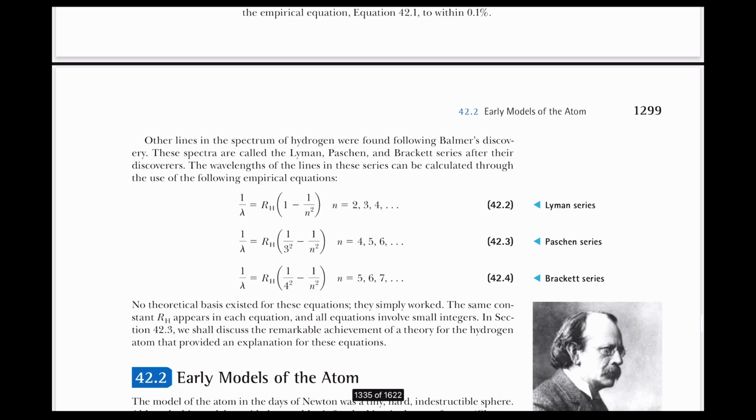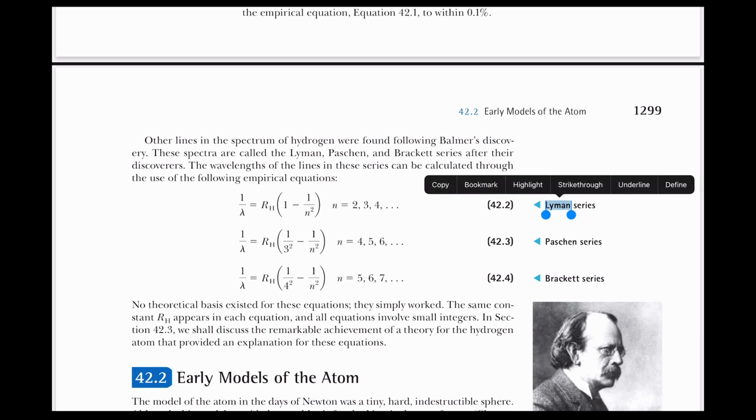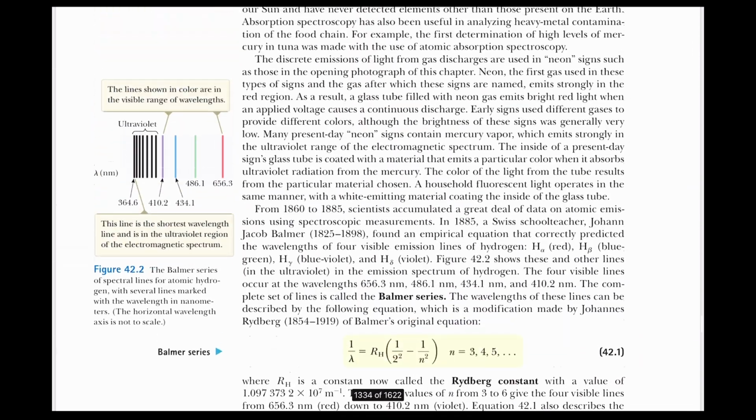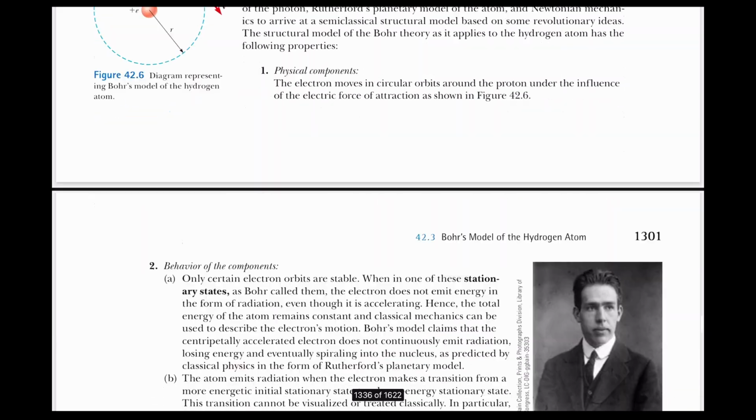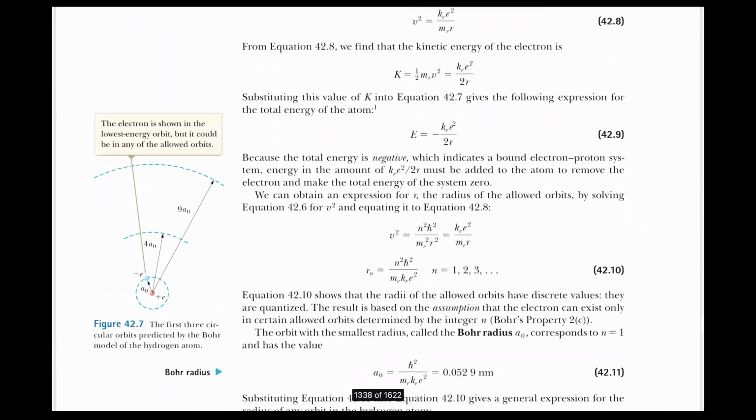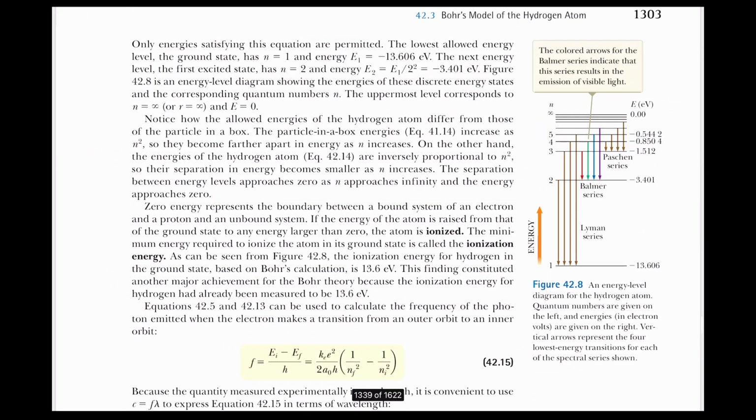Here we have some other equations, and you can see these equations have a different name depending on what the n final state is. So here n final is n equals 1. Here n final is n equals 3. Here n final is n equals 4. They each have different names. And that is shown, where are those graphs that I'm looking for? Right here.